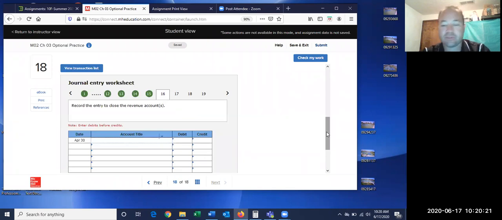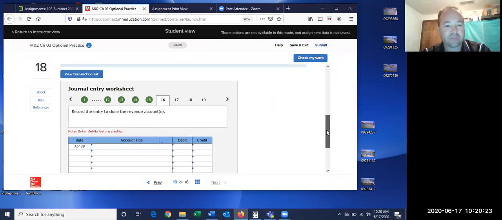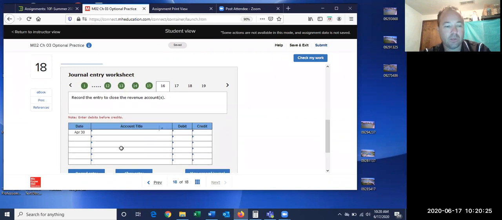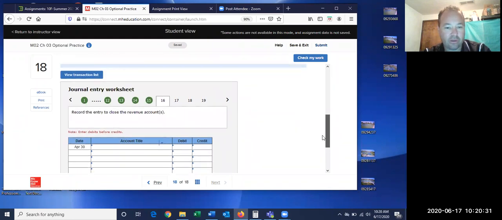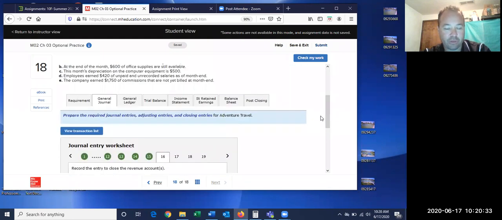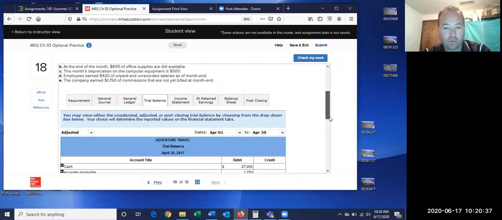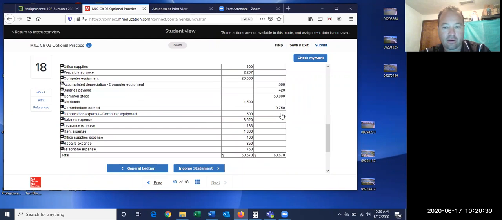This one, I believe, will have us close all 4 steps, so that's good. All right. We're going to close out our revenue balance. Now, I don't think it's going to just put it in there, so we're going to need to go to our trial balance and see what our revenue is. Our revenue is $97.50.